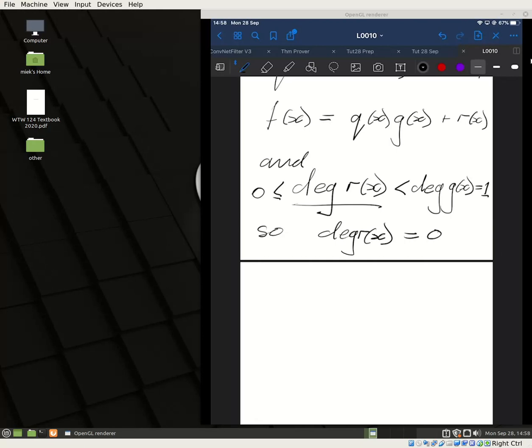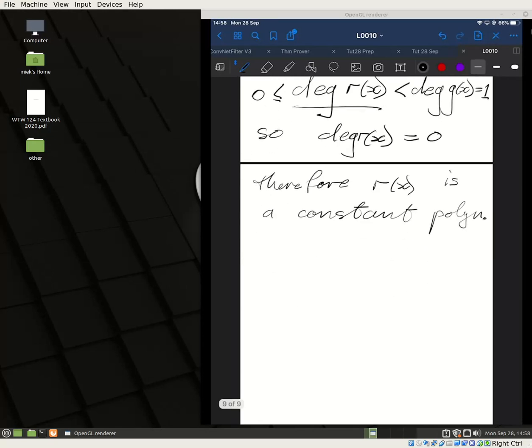So if the degree of r is equal to 0, that means that it is a constant polynomial. So therefore r(x) is a constant polynomial. Meaning there exists some constant number, let's call it p. There exists some p so that r(x) is equal to p.